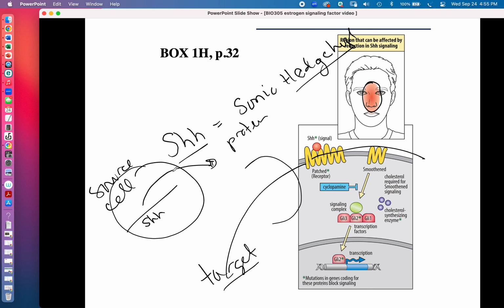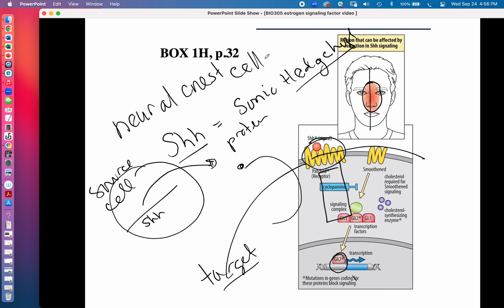That's the source of these signals, and then this signaling factor, this ligand, binds to a receptor, and a signal transduction pathway affects transcription in this case. So see, we have this general model of how sonic hedgehog does its job in regulating the zipping together of the face. And we learned last time that it's these neural crest cells that are playing the roles of zipping the face together like that.